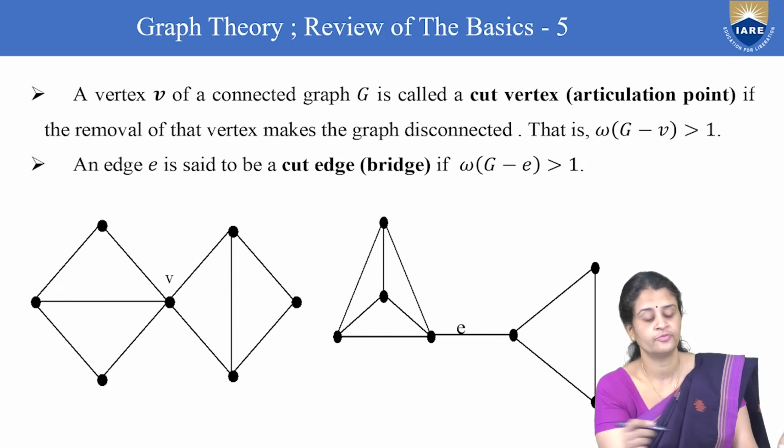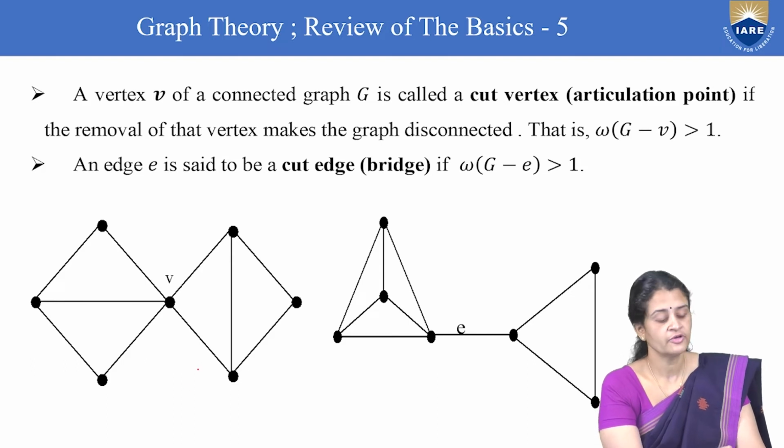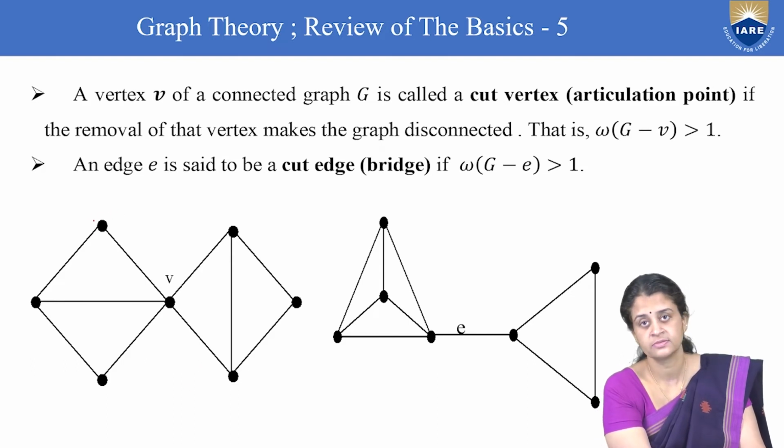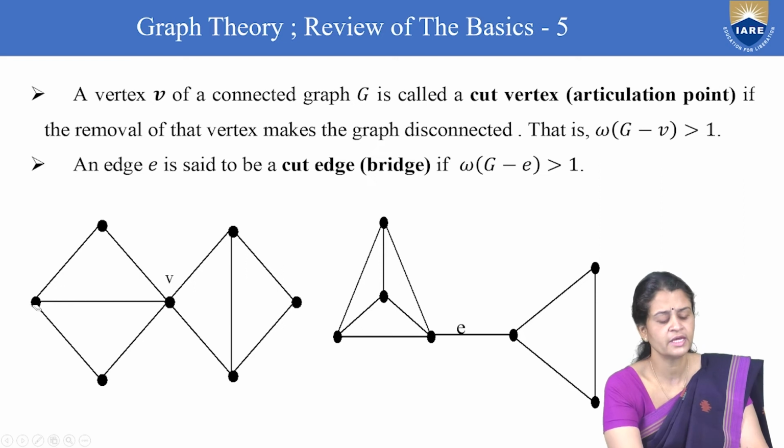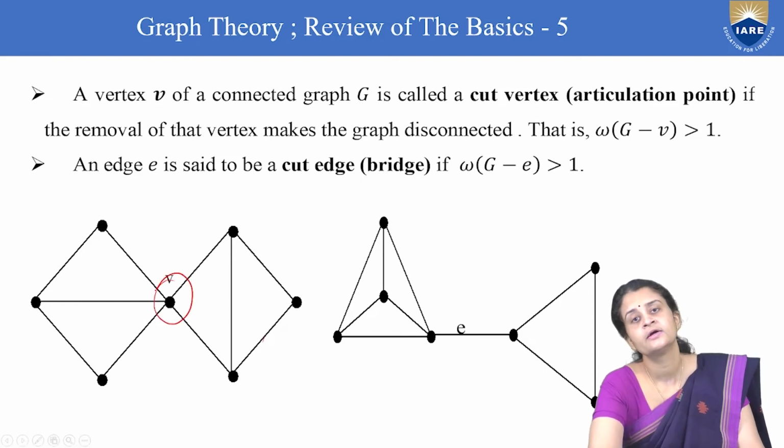Consider this graph, the first graph. Here if we are removing this vertex, nothing will happen. The graph will remain with one component itself. Same thing here if we are removing it, nothing. Only we will get this component attached with this component. But if we are removing this vertex V, the graph will be totally disconnected.